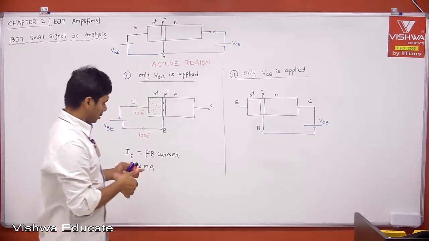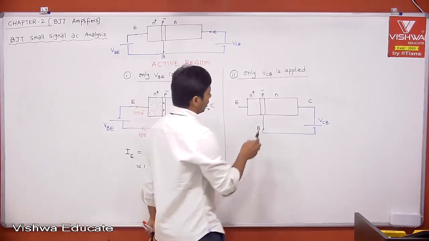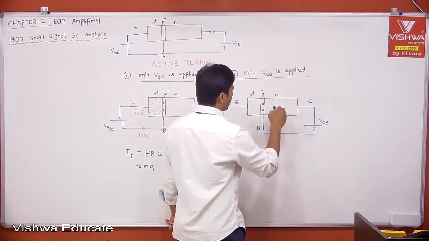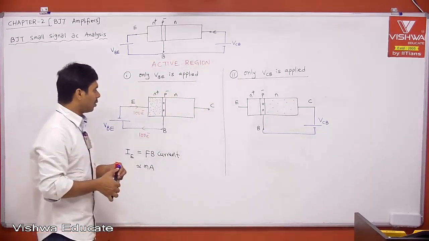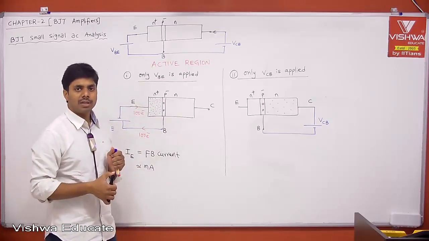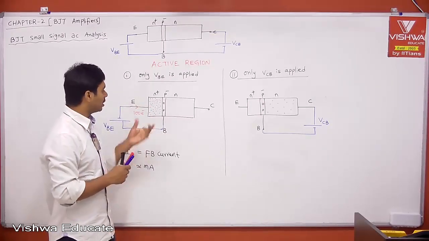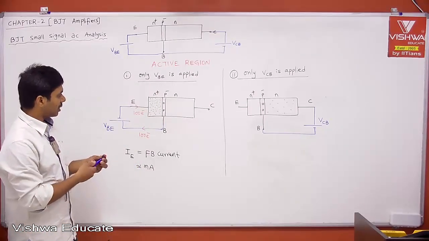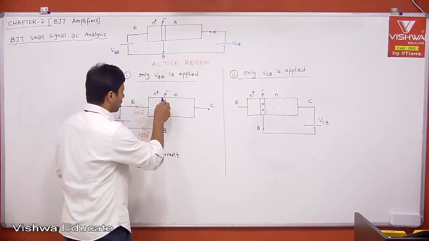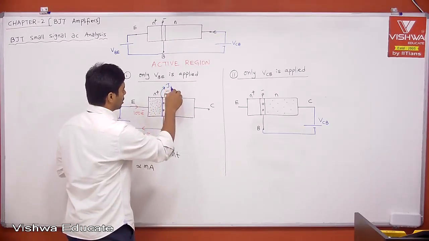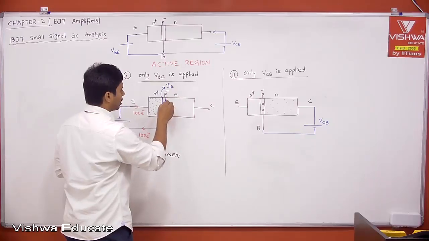Now here again, same, we have two holes and a typical number of electrons because it is typically doped. Remember, I am not going again into the PN junction diode operation, what all the current components are present inside the PN junction diode. That part again I am not going into the details. I am just taking this as forward bias because this is your emitter junction, and this is the collector junction.